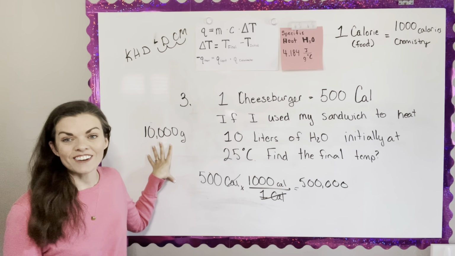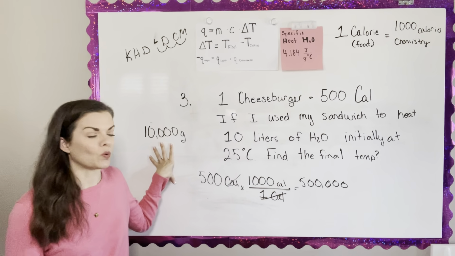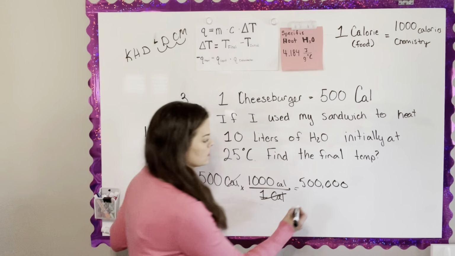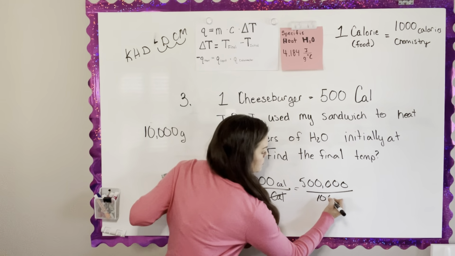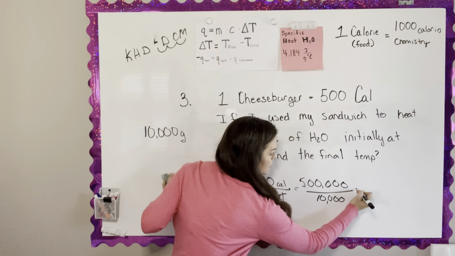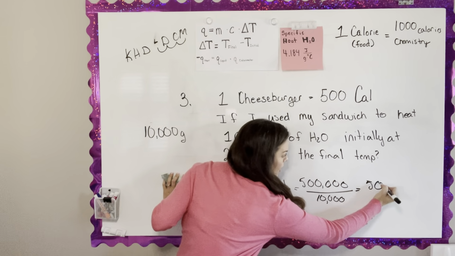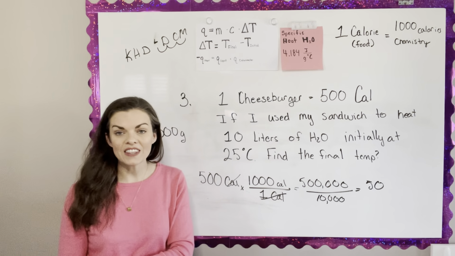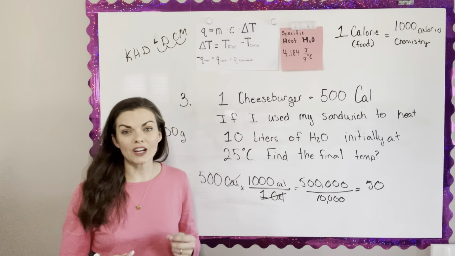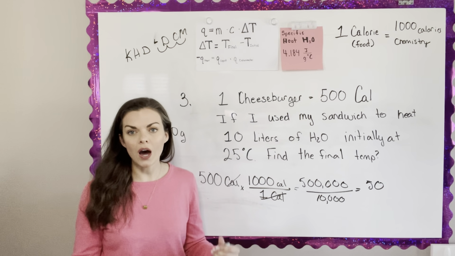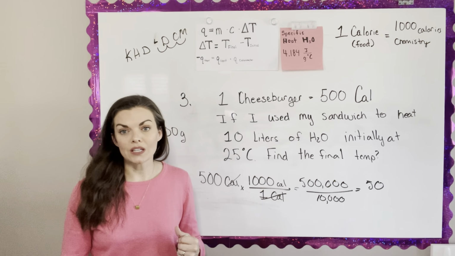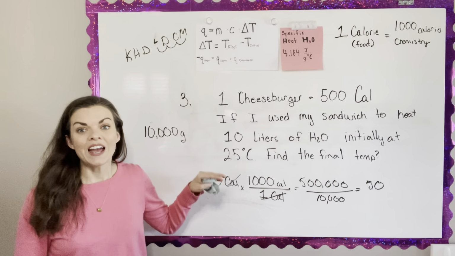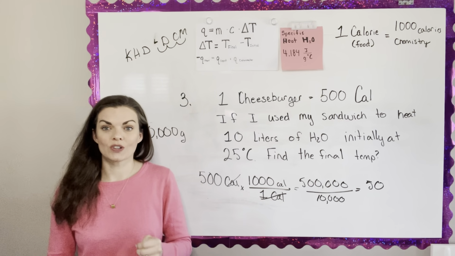If it takes 10,000 to raise it up a degree, well, if I take this number and divide it by this 10,000, I get 50. So I have 50 10,000s in there. And so actually my temperature is going to go up 50 degrees Celsius. So it's not going to have 25 degrees Celsius. It's going to be at 75 degrees Celsius.